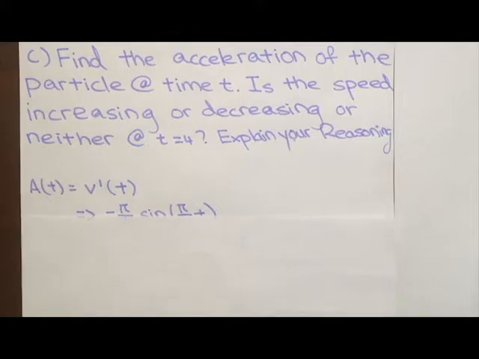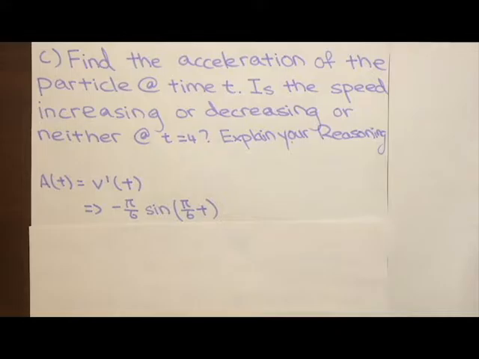With this equation, we can determine if the speed is increasing or decreasing or neither at t equals 4. Basically, the speed is increasing when acceleration and velocity have the same sign, decreasing if the velocity and acceleration have different signs, and neither if the acceleration is 0.